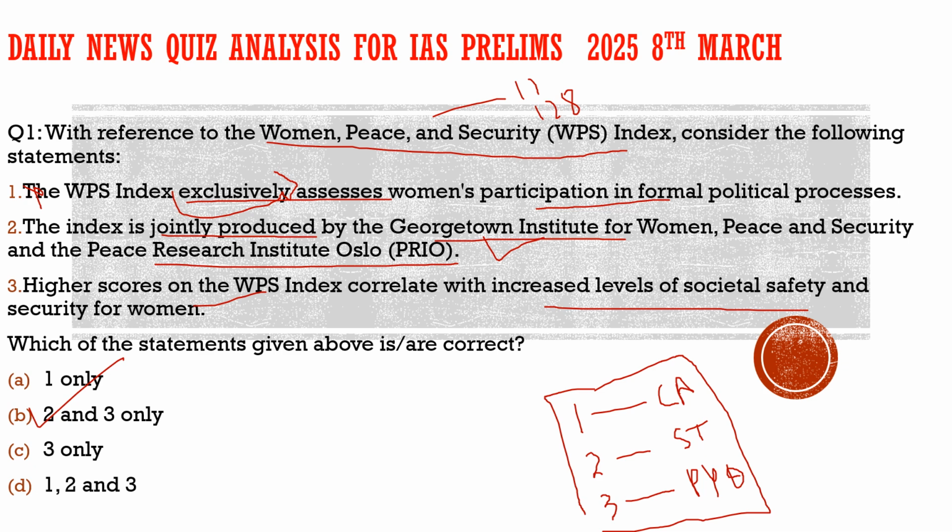And the author here highlights various issues. For example, the climate of fear caused by various recent cases, for example the Delhi gang rape, or the Kolkata Medical College incident.